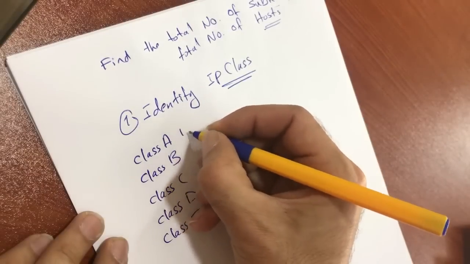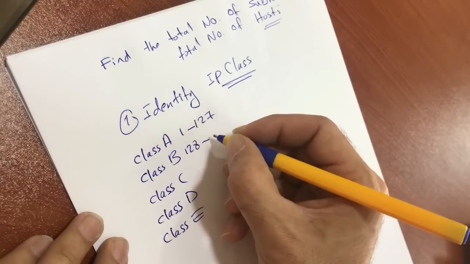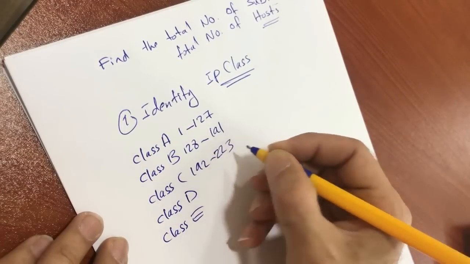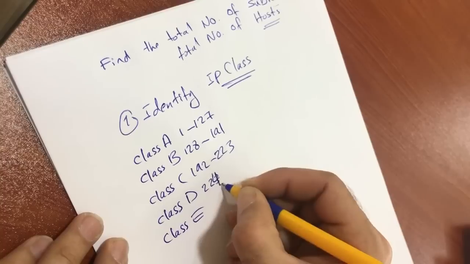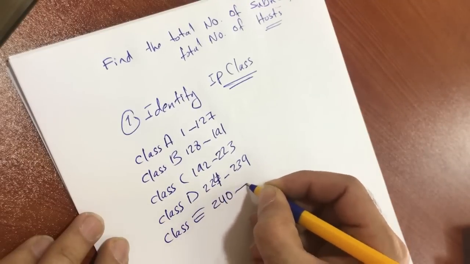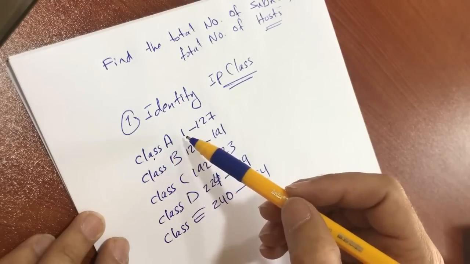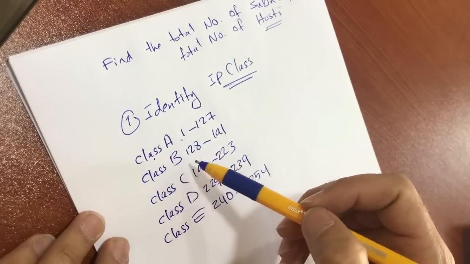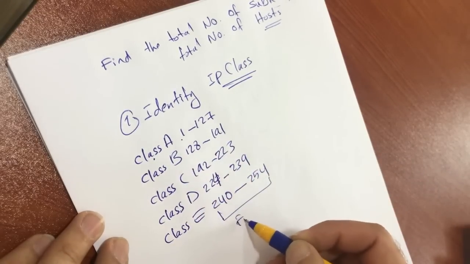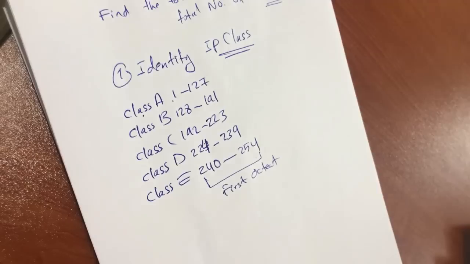Class A starts from 1 to 127, class B 128 to 191, class C 192 to 223, class D 224 to 239, and class E 240 to 254. So this is the range. This is the first octet of your IP address, and you can determine which class you have.